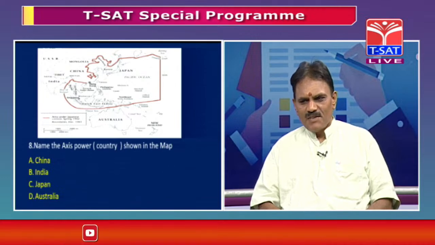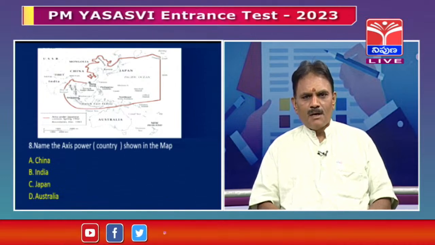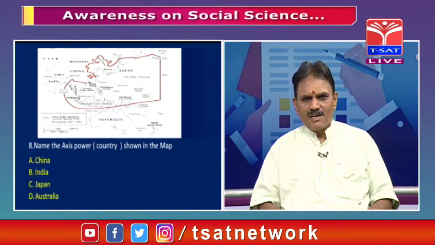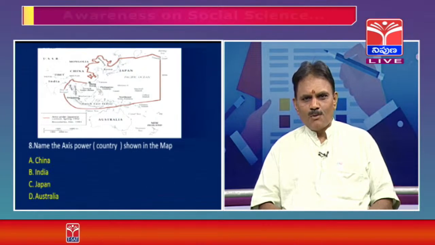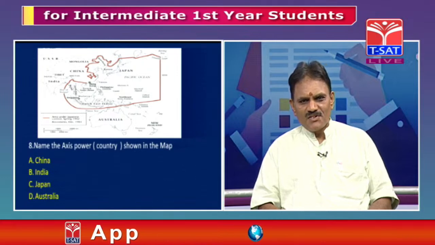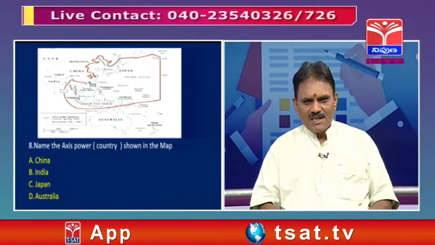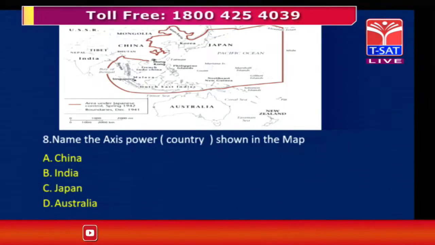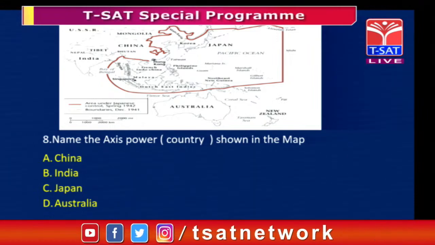Here definitely it is about the Axis powers, as we discussed in the earlier question, how the Triple Alliance changed to the Central Powers, and then the Axis powers. Among the Asian countries, Japan is in the group of Axis powers, whereas China, India, and of course Australia have no relation with the Axis powers.